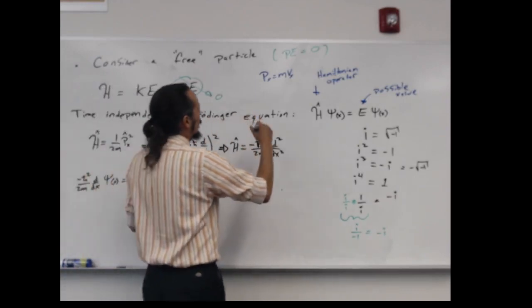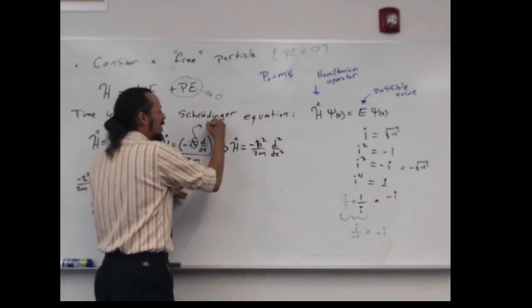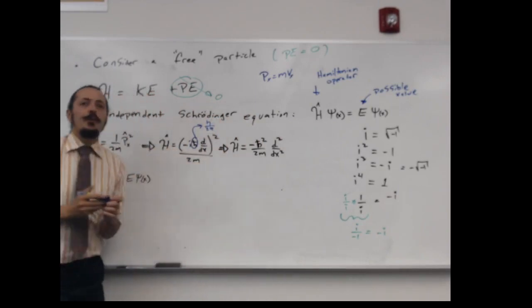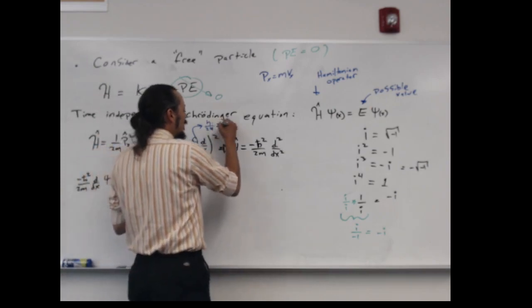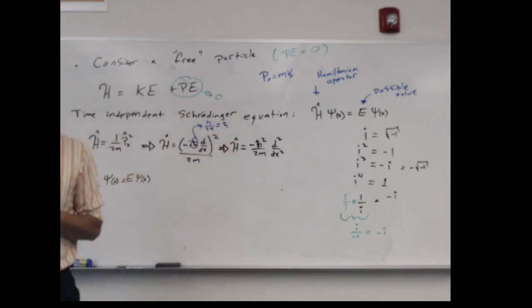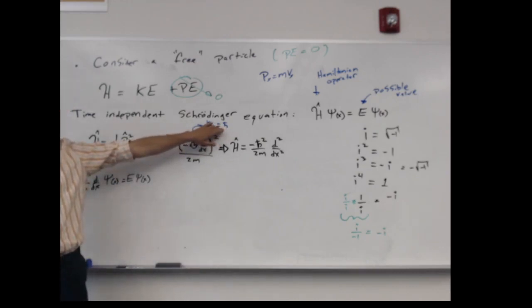So h bar is Planck's constant divided by 2 pi. It's called the reduced Planck's constant. In a lot of stuff we do, we keep ending up with these 2 pi's everywhere, and so we just call it h bar. It's just a constant. It's a constant that becomes really important on the quantum scale because this quantization of energy happens at this numerical value, 6.626 times 10 to the negative 34 joule seconds.